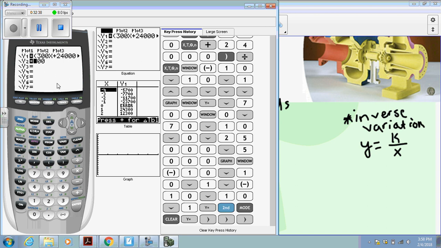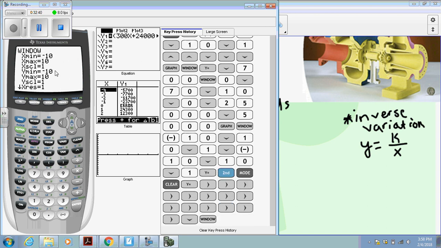Now we're going to see with our window, so I just did a standard window of -10 and 10, and then scales 1, -10 to 10, 1. Let's see if this is going to give us what we want. So I graph it, and we don't see anything. Well, that means we need to change our window. Now here you might have to kind of play around to get what your window is.